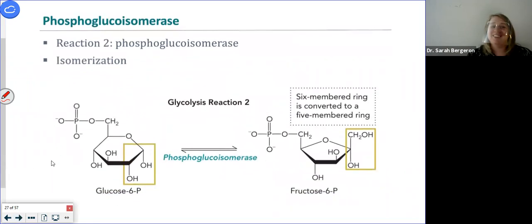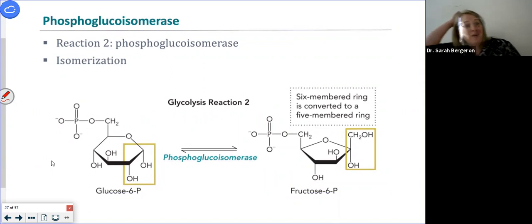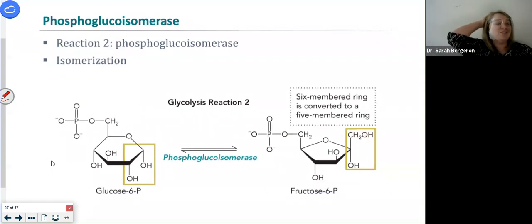All right. Now, we go on to our second reaction, phosphoglucoisomerase. What does an isomerase do? So you keep the same molecular formula, but you change the three-dimensional orientation of the atoms, right?